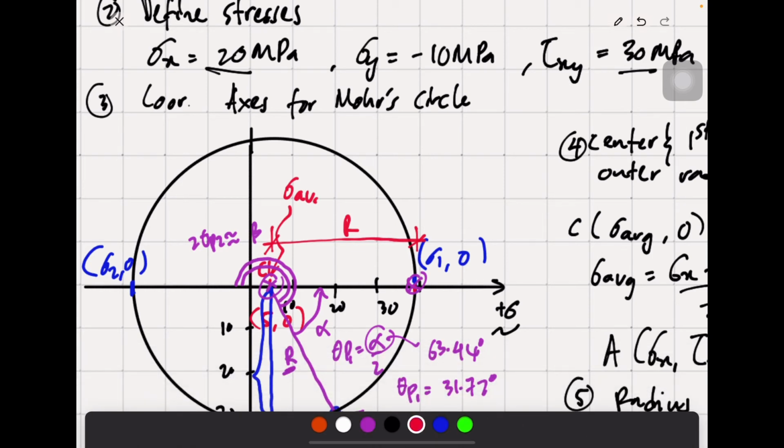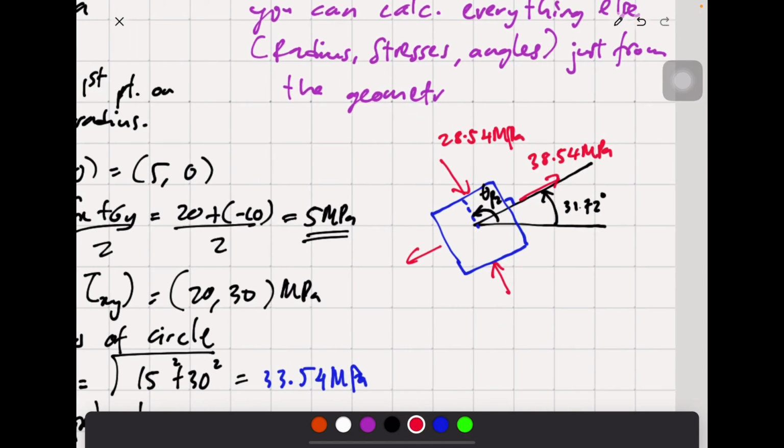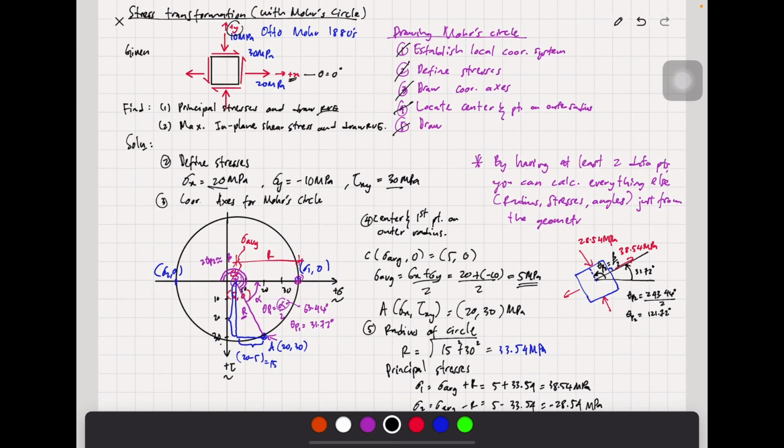For that, you will get your second theta p2 right here, which is half of beta, beta over 2. Theta p2 equals 243.44 degrees divided by 2. You will get theta p2 as 121.72 degrees, which is another angle of our RVE.